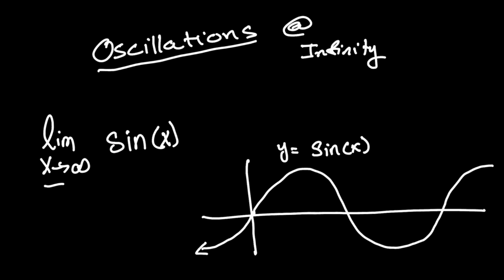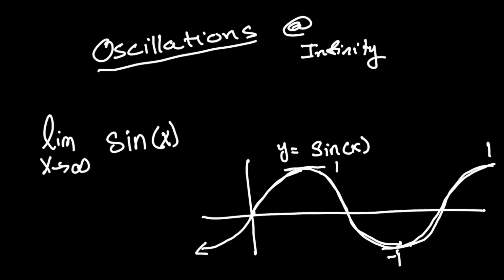So take a look at this limit as x goes to infinity of the function sine of x. Well, sine of x continues to oscillate up to 1, and then it goes down to -1, and then it repeats again. It goes back up to 1, and then it goes down to -1, and then up to 1, and it keeps doing this oscillating motion forever and ever.